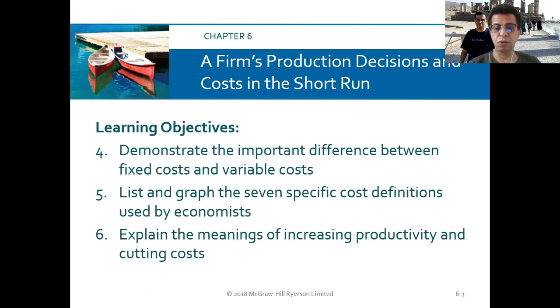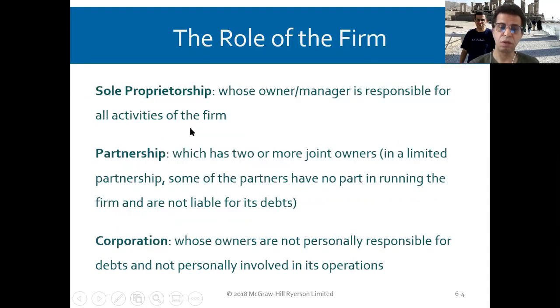Also, we're going to demonstrate the important difference between fixed costs and variable costs. We're also going to list and graph 7 specific cost definitions used by economists and explain the meaning of increasing productivity and cutting costs.